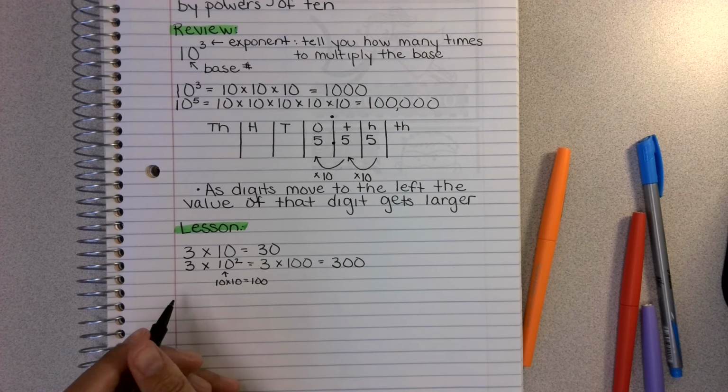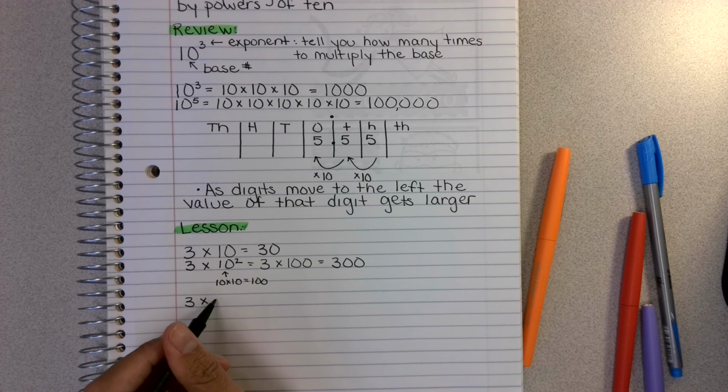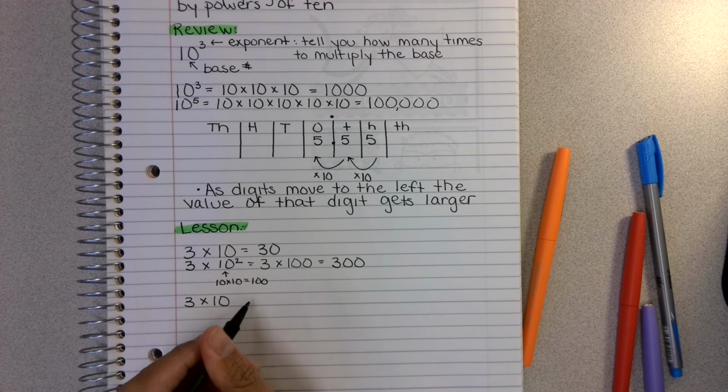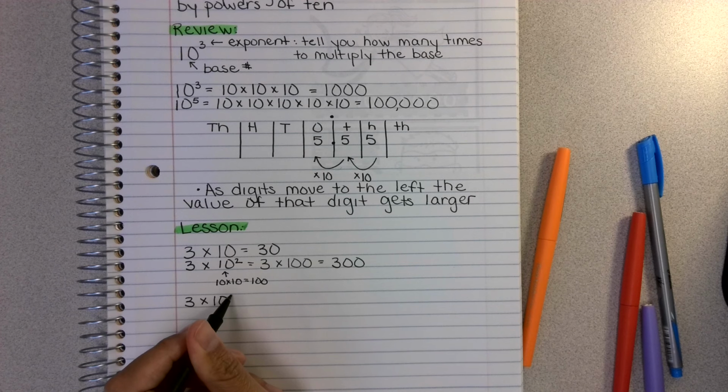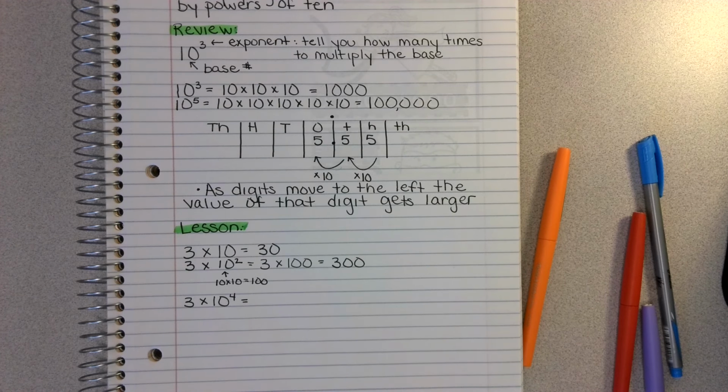Well, what if I did one more? I'm going to jump ahead a little bit. Instead of doing 10 to the third power, let's do 10 to the fourth power. What is that actually saying to you? What is it asking?